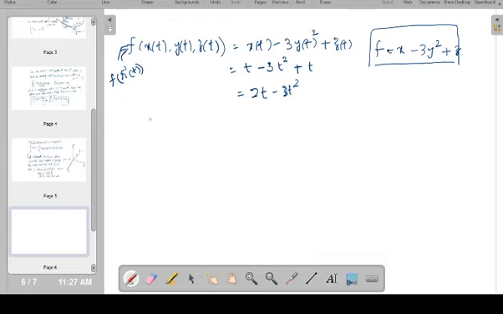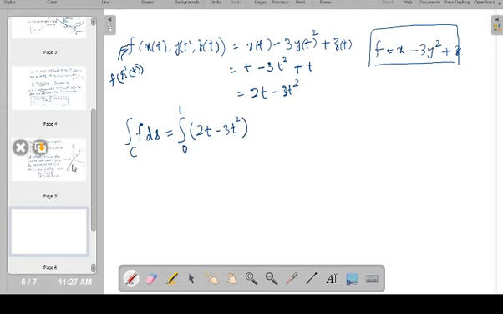So now how do I integrate this? Integral over c f ds is equal to integral over the parameter interval. So 0 and 1 are the endpoints of that interval. Integral 0 to 1 f of x of t, y of t, z of t, it is 2t minus 3t square.